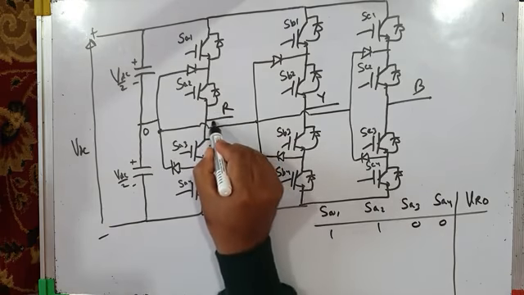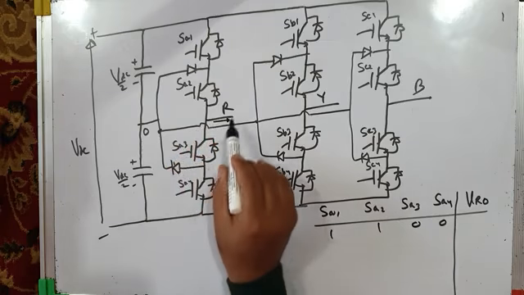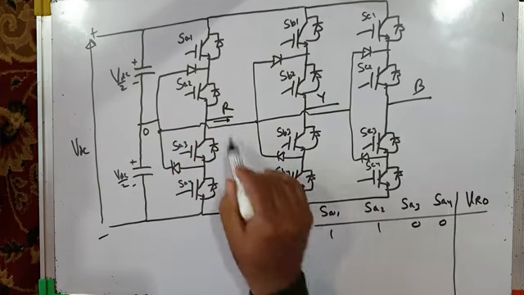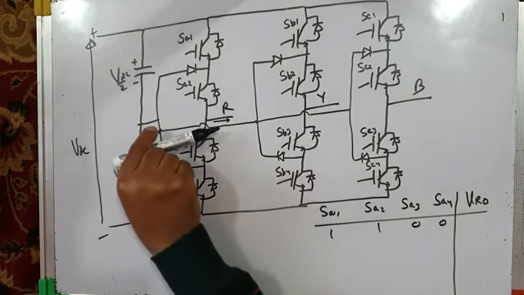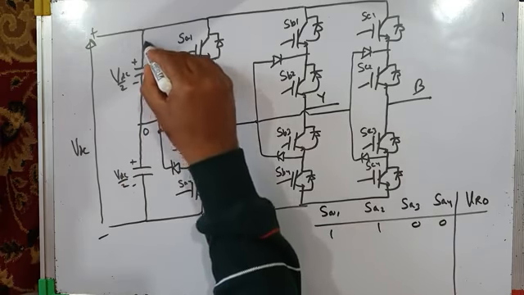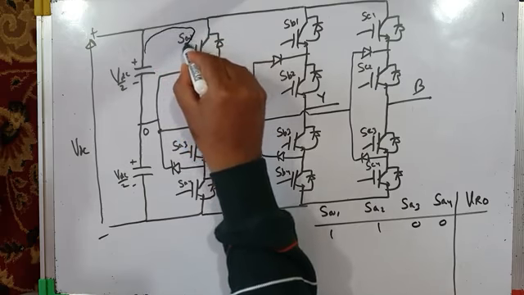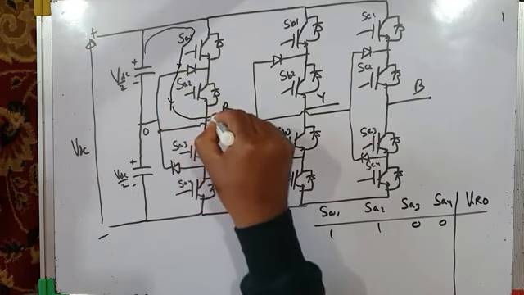For example, if the load current is flowing in this direction, because R, Y, B may have a star connected or delta connected load connected. Okay, so if the load current is like this, it is moving out, then obviously this will be the direction of current. Switch SA1 will conduct, then switch SA2 will also conduct.